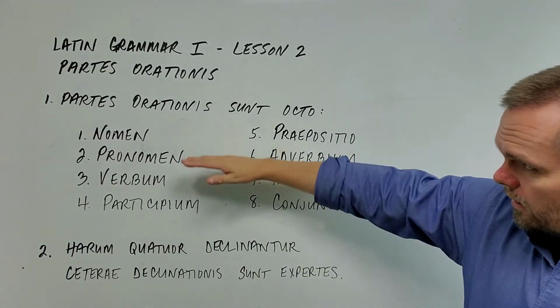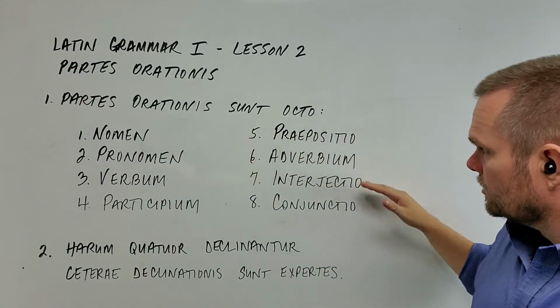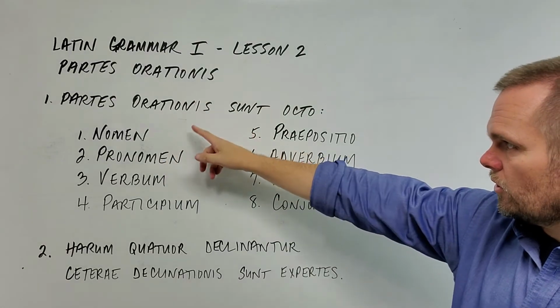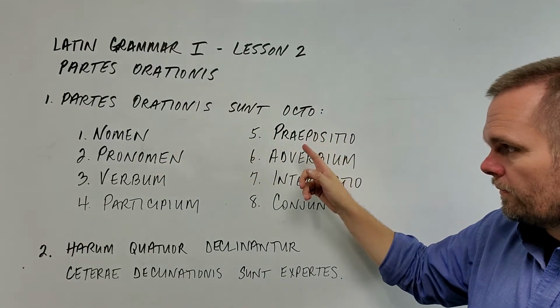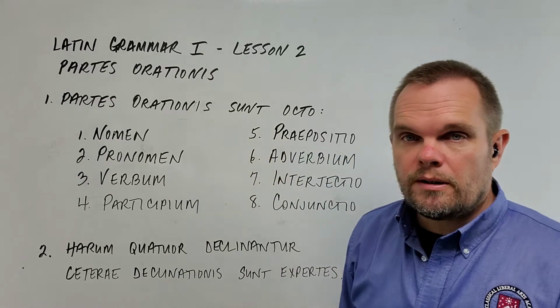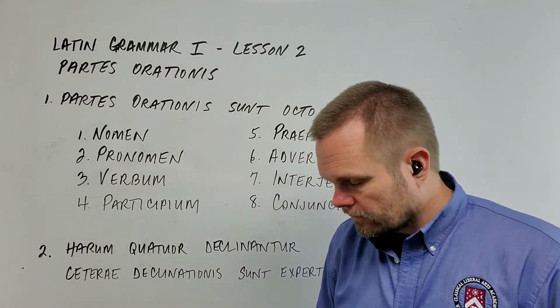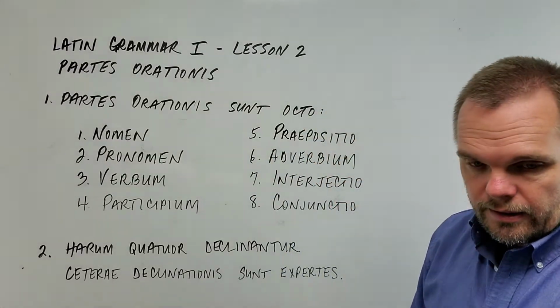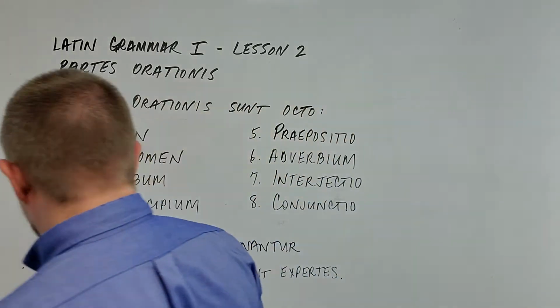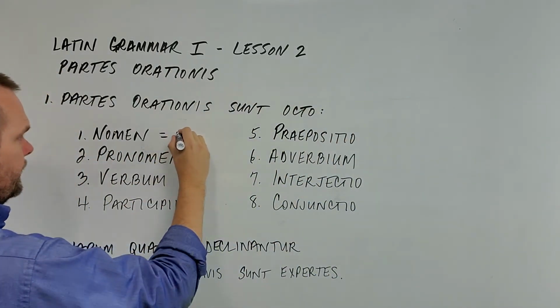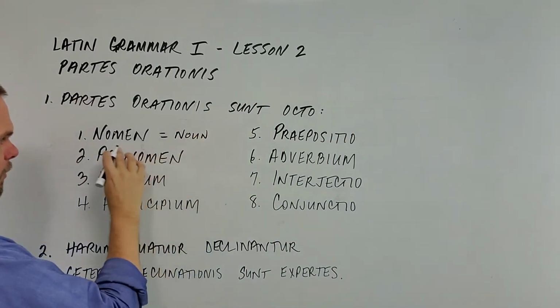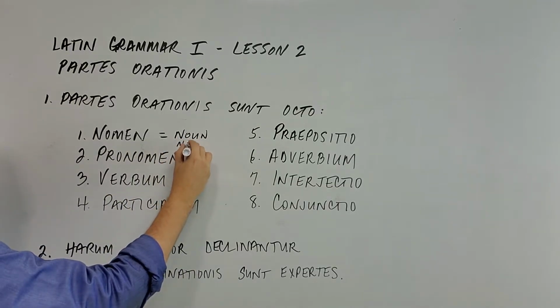Okay? There are 8 parts of speech. Partes orationis sunt octo. The first part of speech, nomen. Nomen, in English, is translated as noun. But what it really means is just name.